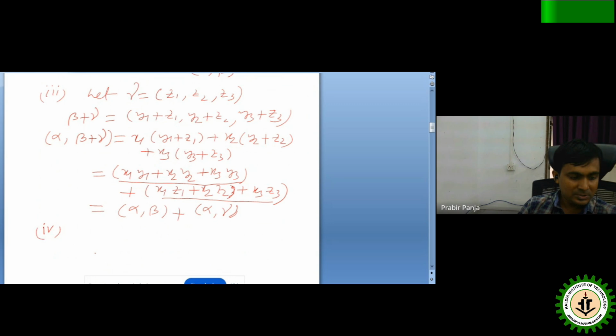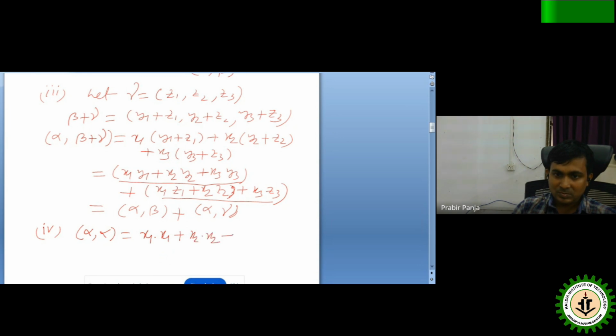Now we'll go for condition number 4. For condition number 4, we will take the inner product between two same vectors. It will be x1 into x1 plus x2 into x2 plus x3 into x3. So it will be in square form: x1 square plus x2 square plus x3 square.